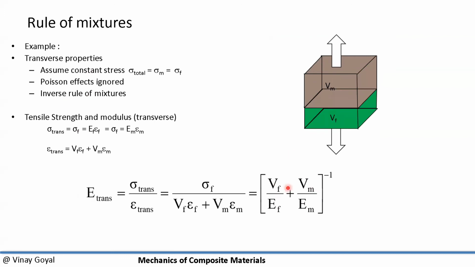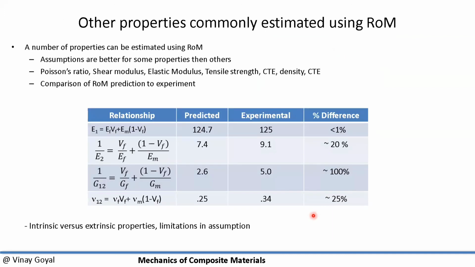In the transverse direction, this will be the formula. There are other properties that can be estimated using the rule of mixtures. You can estimate Poisson's ratio in the same way. It's going to be off, in some cases a lot, but sometimes you have to start somewhere if you don't have the test data. So it's okay to do that as long as you know that you have to go back and get the data.